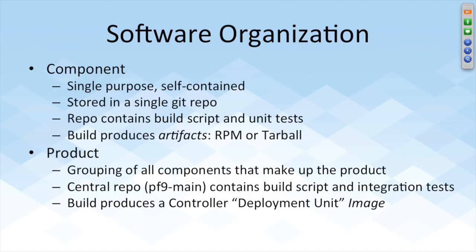This is a controller image. Sometimes we refer to it as a deployment unit image, so you'll see this term DU image quite a lot. Okay? So that's the building blocks of our product.